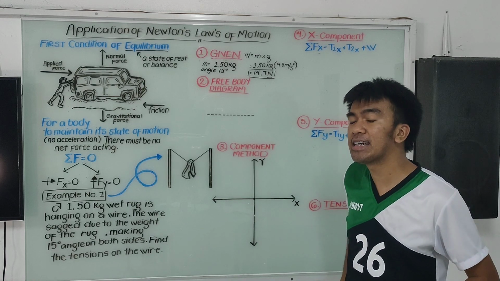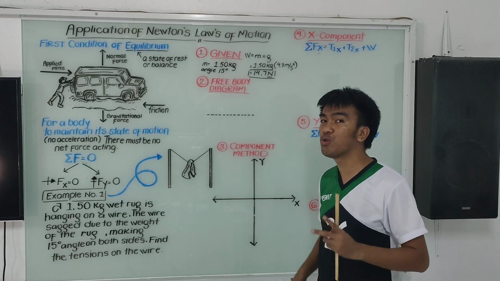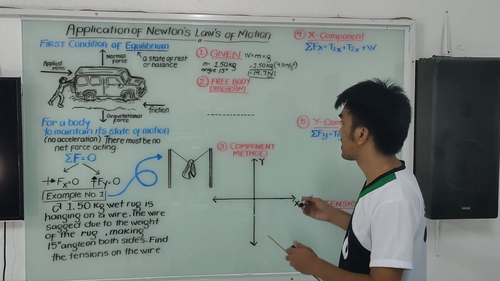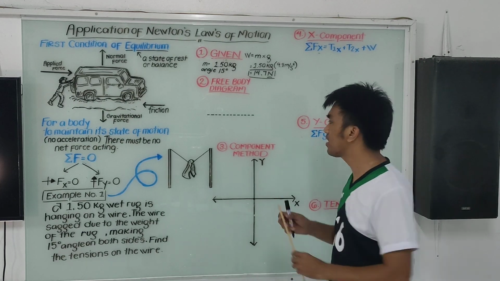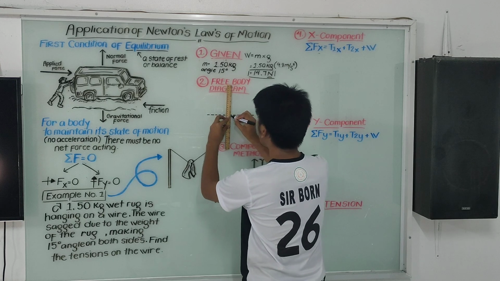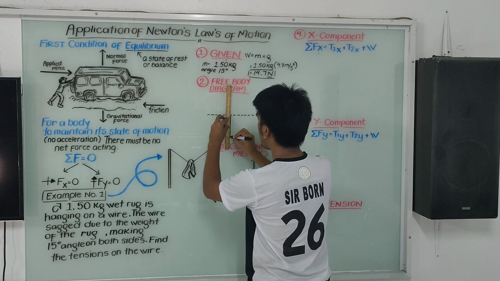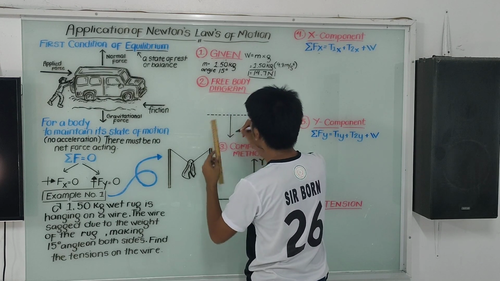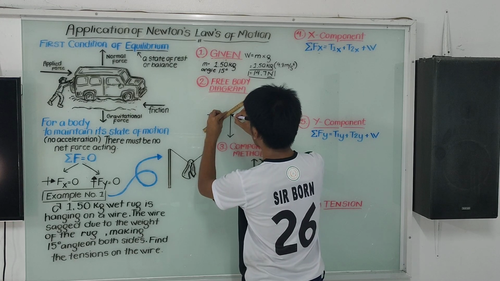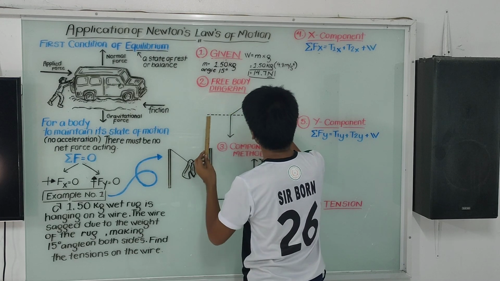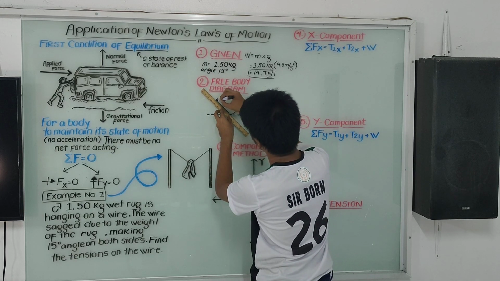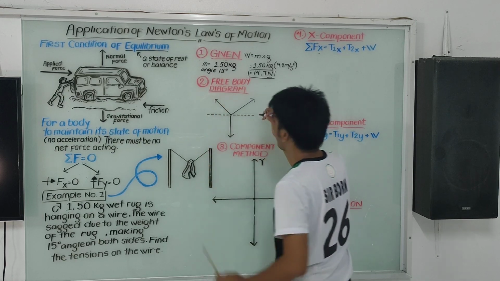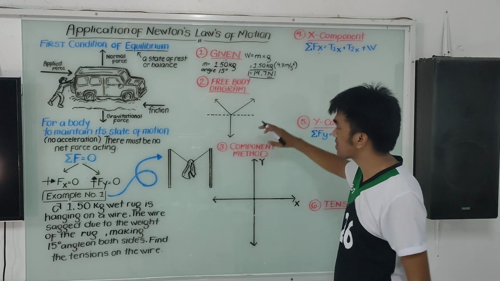We illustrate the free body diagram for us to know all the known and unknown forces. So in order for us to illustrate or to show all the forces acting on the object, we need to illustrate the FBD or the free body diagram of this one. Is this complete?